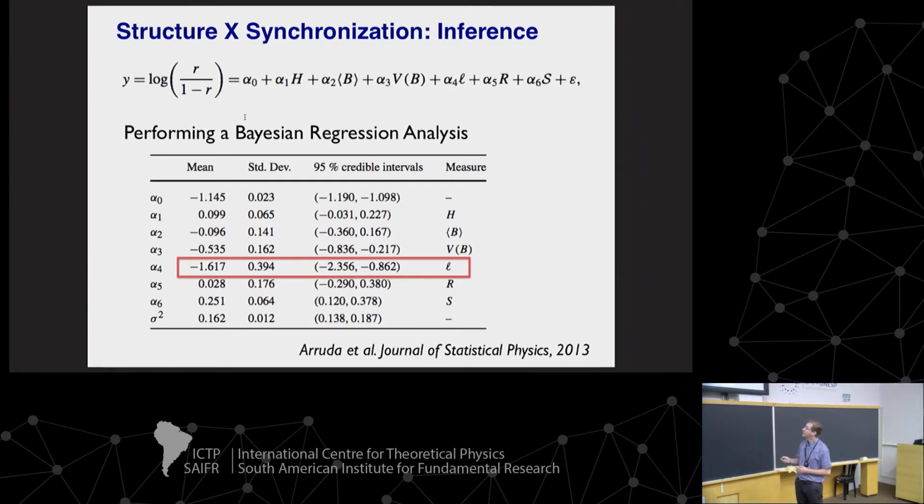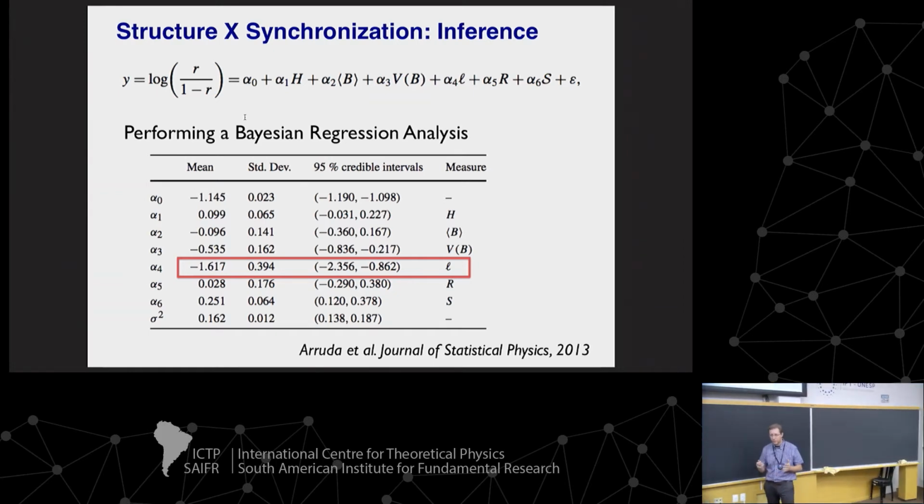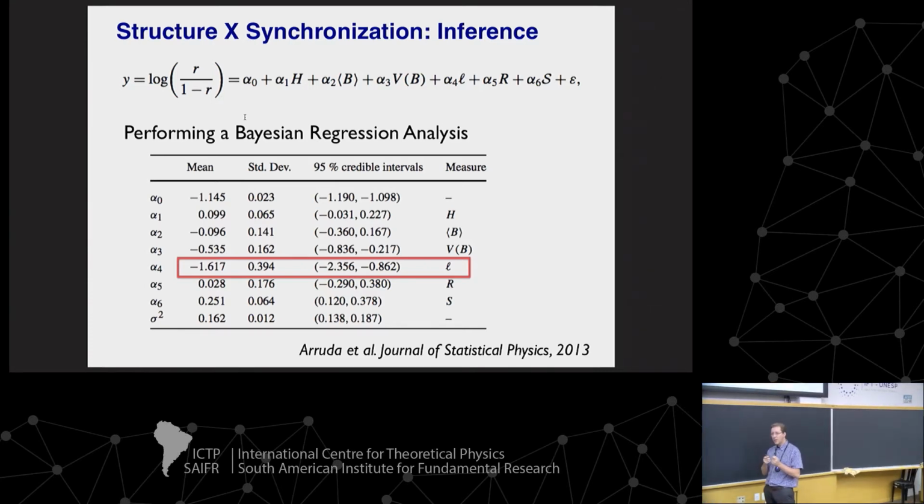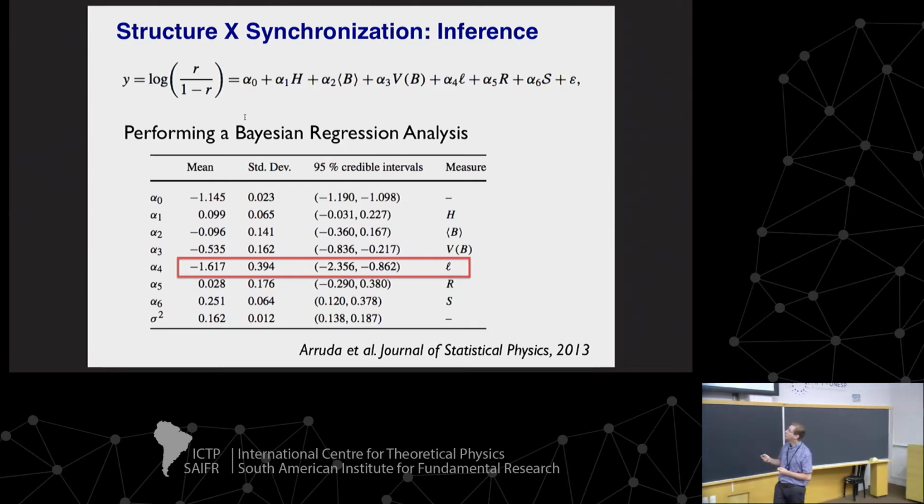We verified that the average shortest path is the most important network property related to synchronization. So for instance, if you want to increase the synchronization, we have to decrease the typical distance in the network. By just adjusting the distance, we can control the synchronization. Of course, other measures are also important, but this is the most important one.